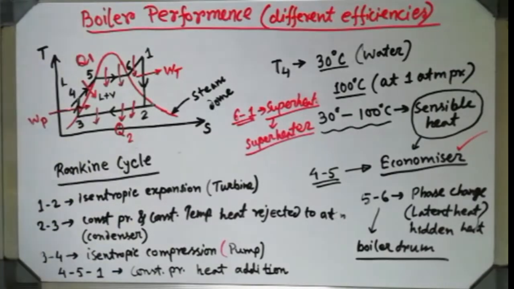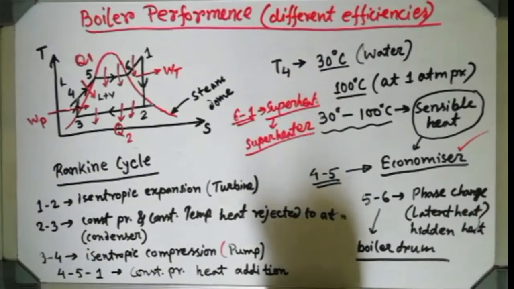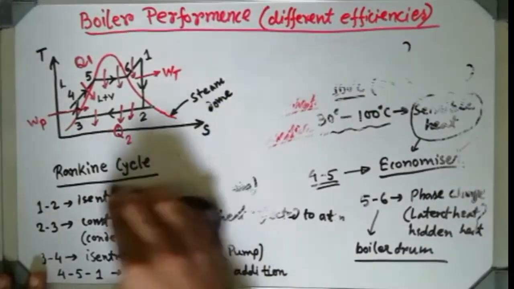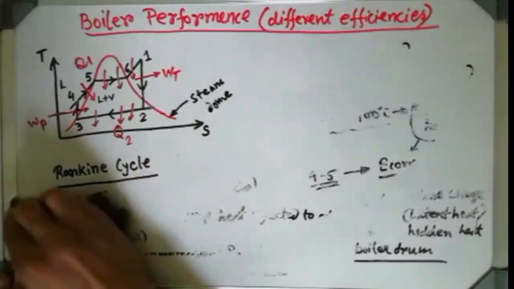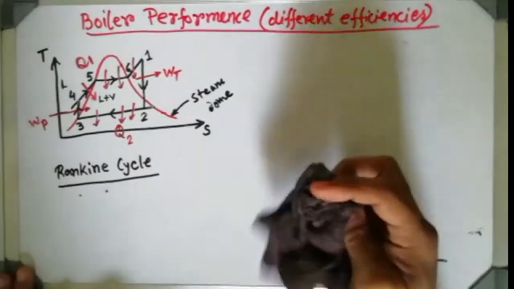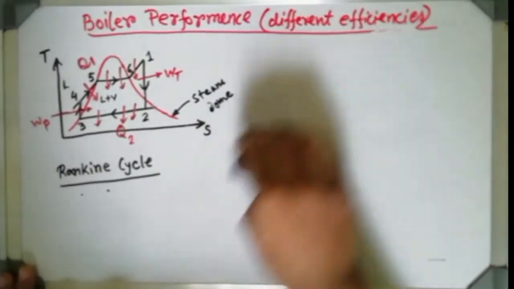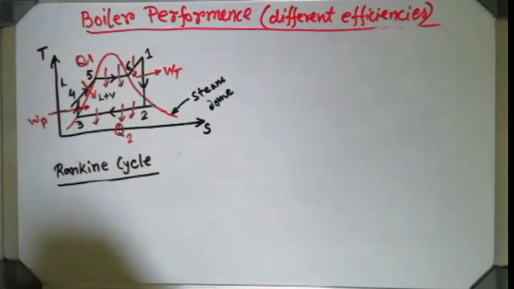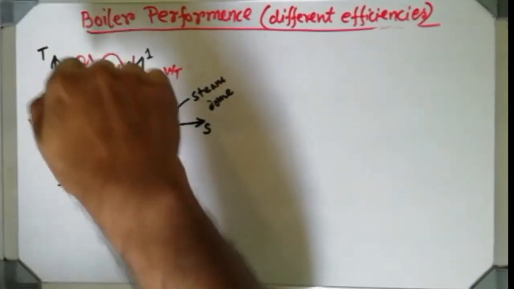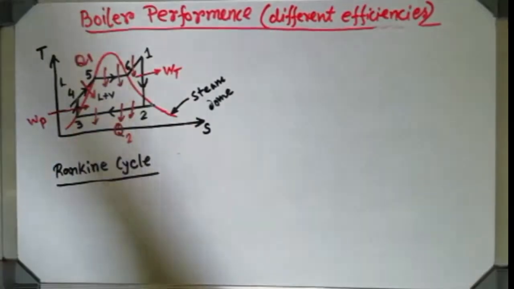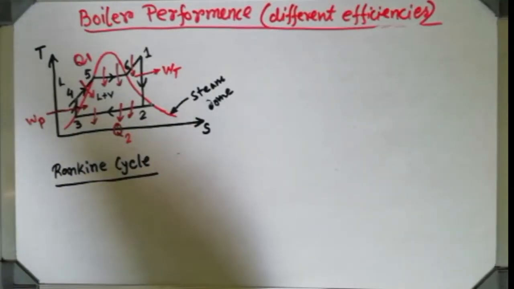Then after understanding this whole cycle, what are we going to do over here? We are going to find out the different work done. If we are able to find out the work done, then we can find out the efficiencies. That is the objective for today's lecture. So first of all, I have already expressed that work is produced by the turbine, work is consumed by the pump, heat is supplied to the boiler inside the 4 to 1 process, and 2 to 3 is a heat rejection process.